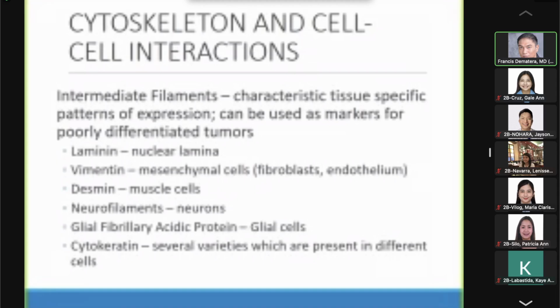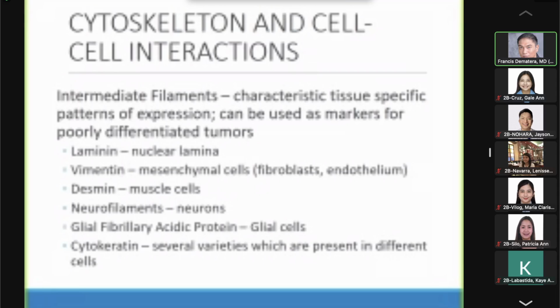At most, you can say they are epithelial in origin or they are sarcoma-like tumors. But minsan hindi mo na ma-identify kung ano yung pinanggalingang tissue.